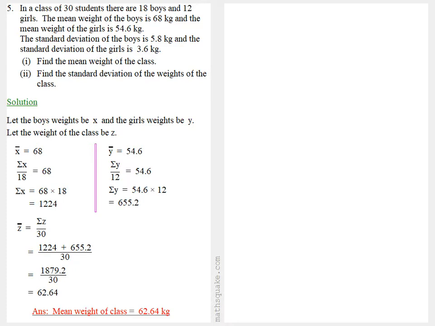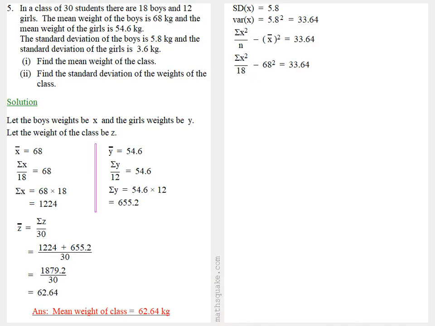Now to work out the variance of the whole class, we need to work out what sigma x squared is and what sigma y squared is. And to do this, we can start with the standard deviation of the boys, SDX, which is equal to 5.8. So the variance for the boys is 5.8 squared, which is 33.64. Now we know sigma x squared over n minus the mean squared is the variance, so it's equal to 33.64.